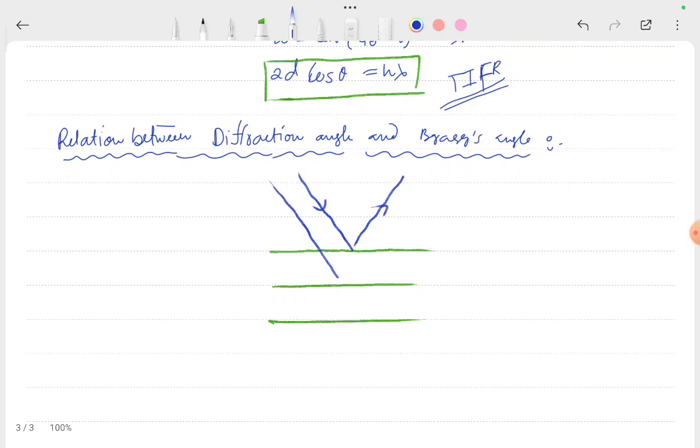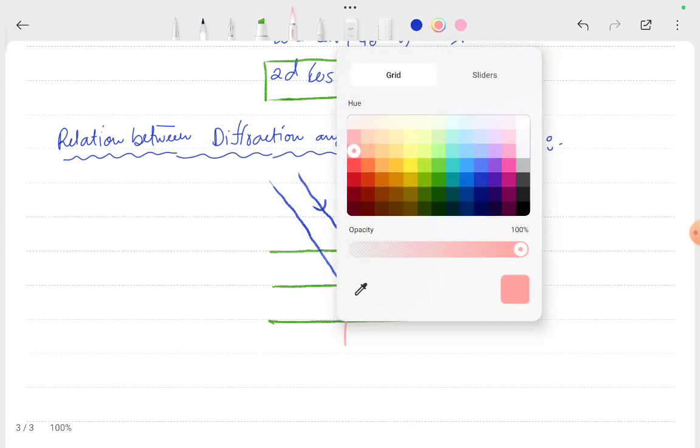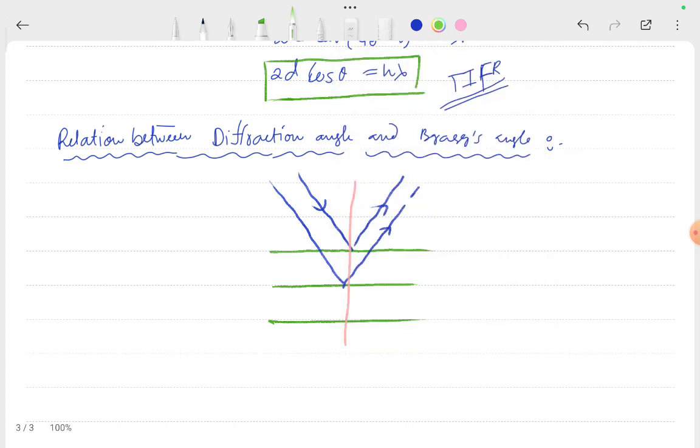Another X-ray is also incident on another plane and again diffracted. This is the normal of the plane, as you all know, and this is Bragg's angle. And this is also the same Bragg's angle.